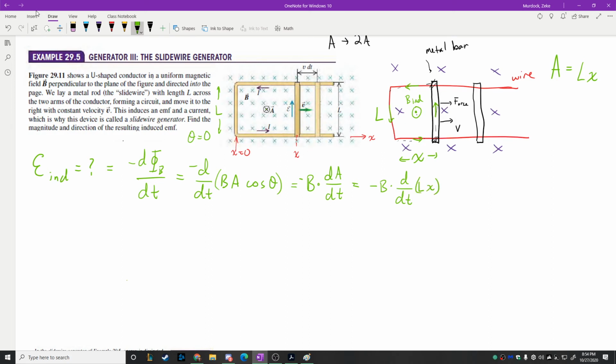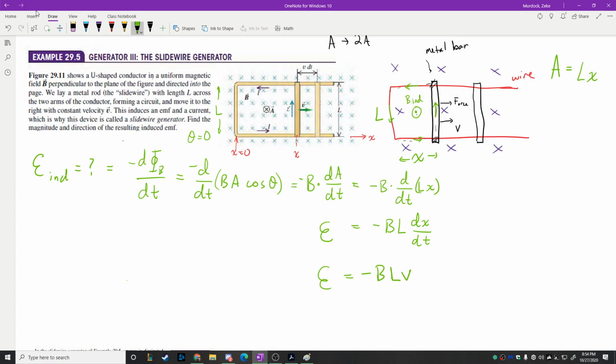But then the length L is constant, so this is going to become negative B, the L comes out, and then I just have dx/dt. But in this case, if the velocity is constant, what is dx/dt going to be equal to? Velocity, yep. So we end up getting B times the length times the velocity.